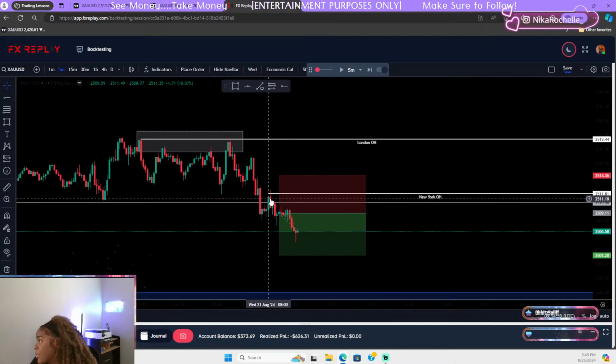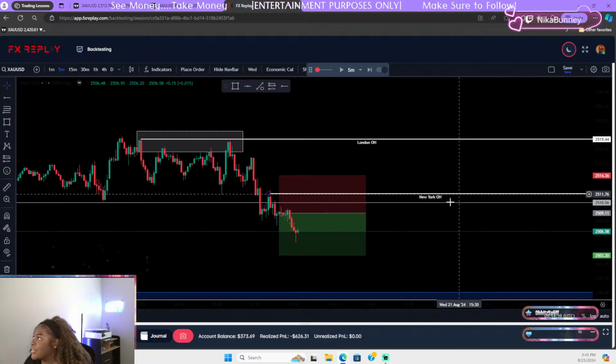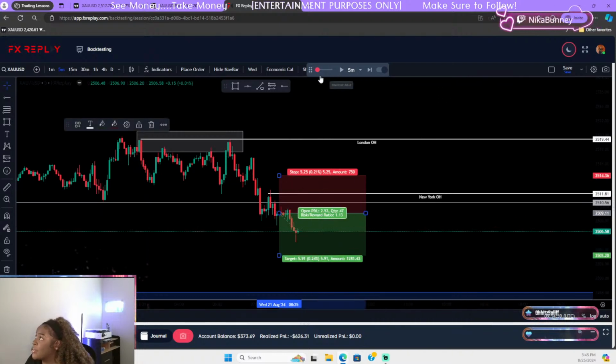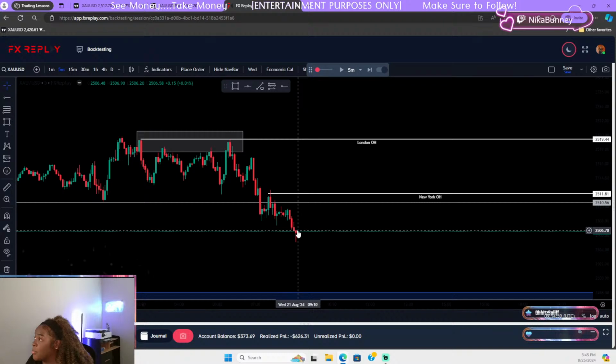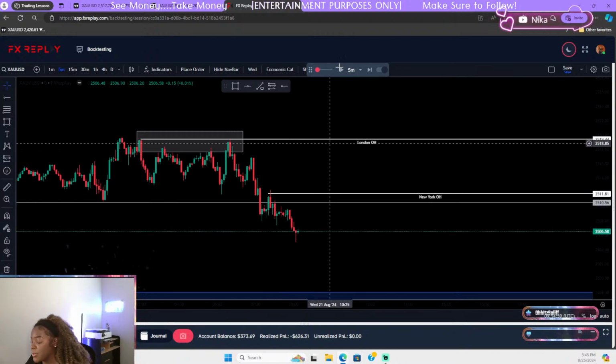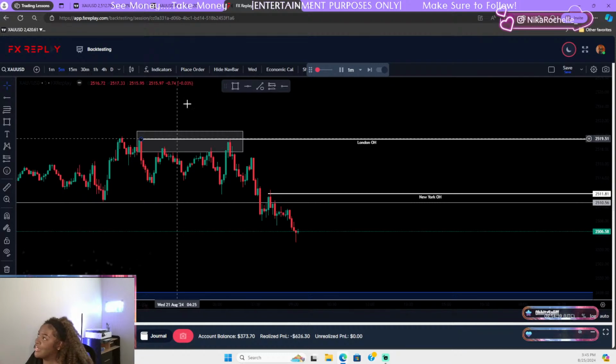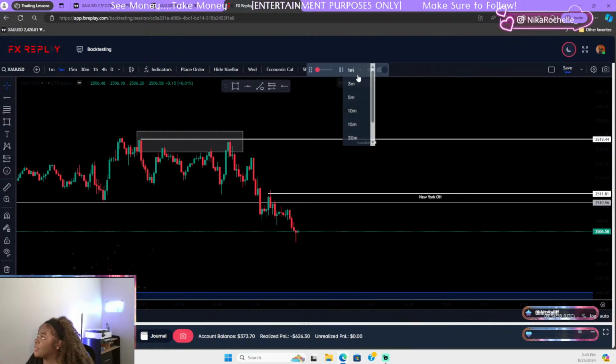When New York session opens, it'll go down for a bit, or go the opposite way of whichever way the trend is going. New York's gonna go that way for a minute, and then probably after like 30 minutes it'll flip, if that makes sense. So if price passes New York open and retests on top of New York open, it's gonna go up. I hope that makes sense. Let's just watch it.